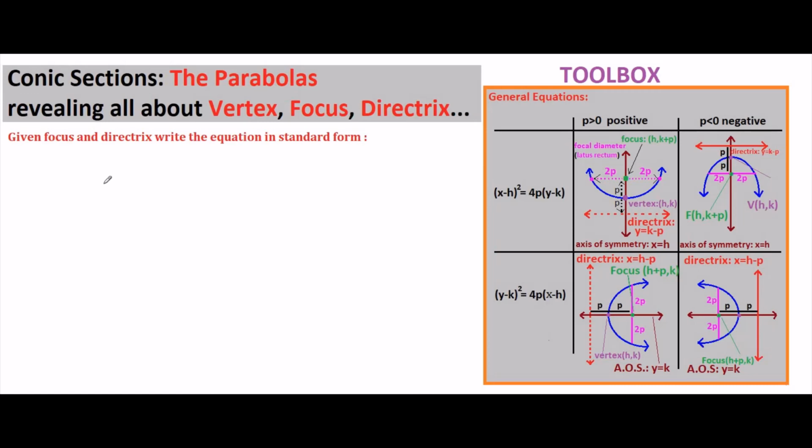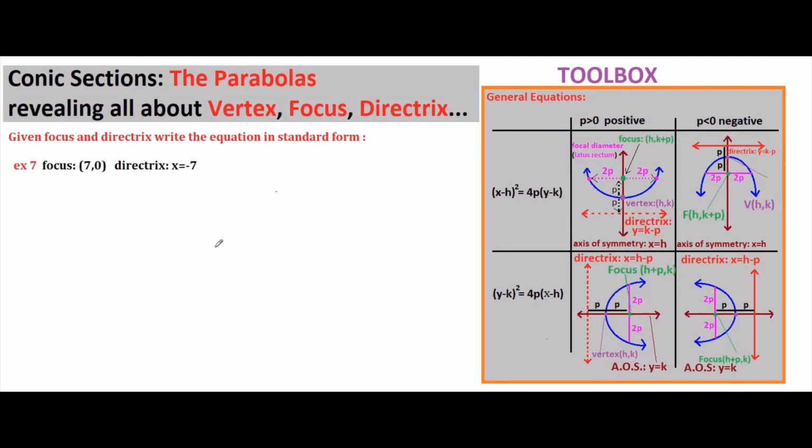This time, given the focus and directrix, let's try to write the equation in standard form. Example 7. Our focus is (7, 0) and the directrix is x equals negative 7. Let's sketch what is given first. Our focus is (7, 0).